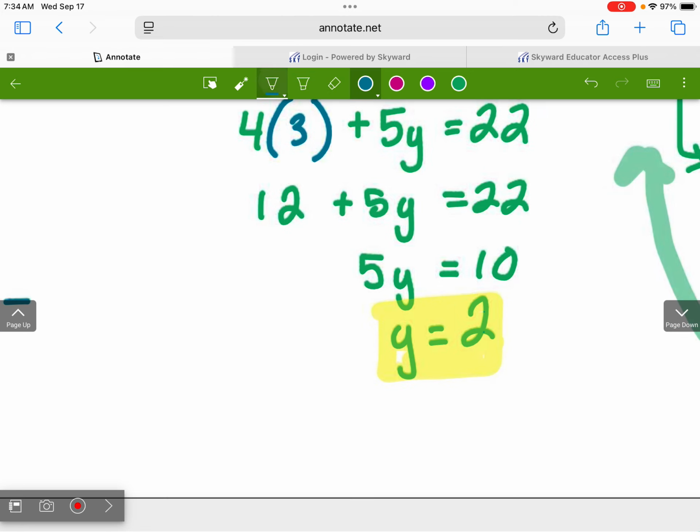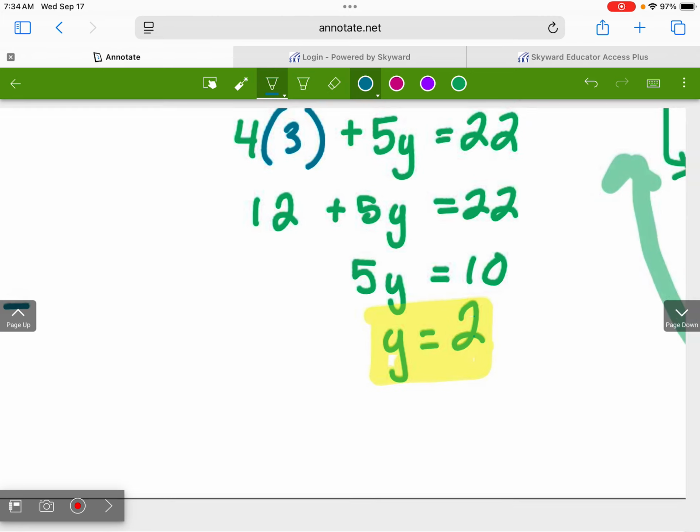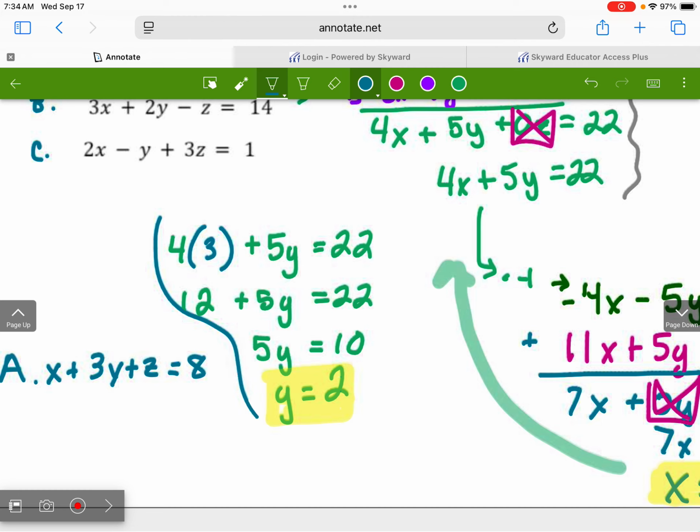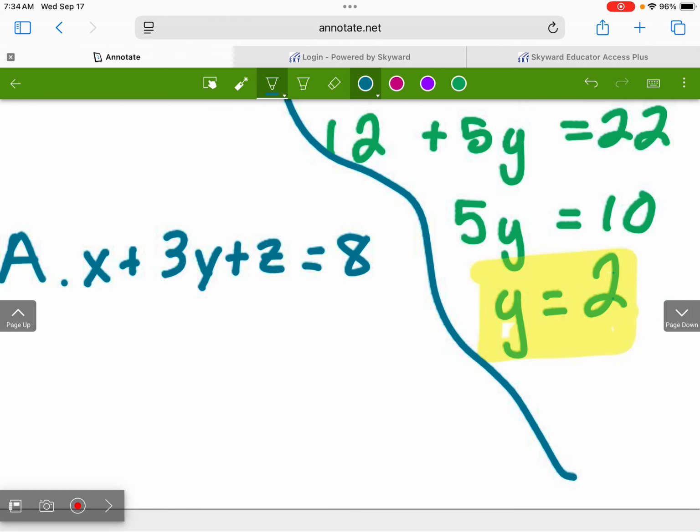So I'm going to write our equation A. That's our x plus 3y plus z equals 8. And we're going to substitute in the values we know. I know my x is 3.